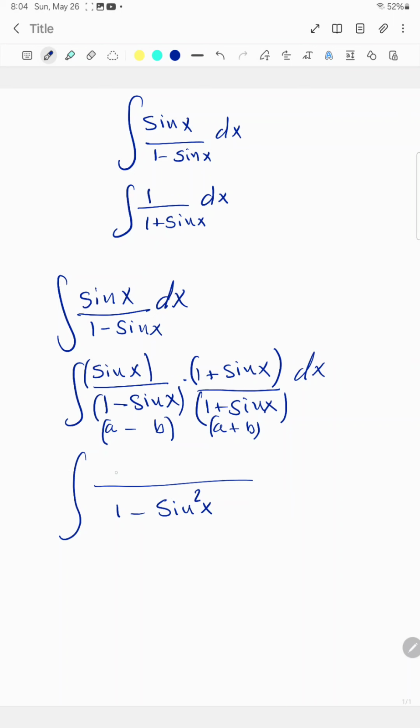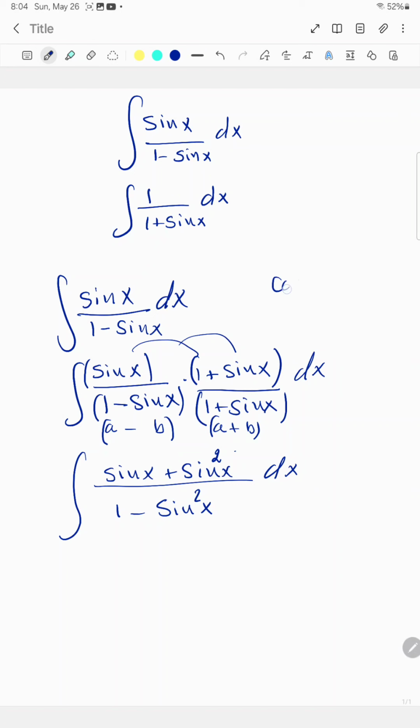And my numerator becomes, if I multiply sine x by 1 and sine x by sine x, sine x plus sine square of x dx. But I know 1 minus sine square x is equal to cosine square x.